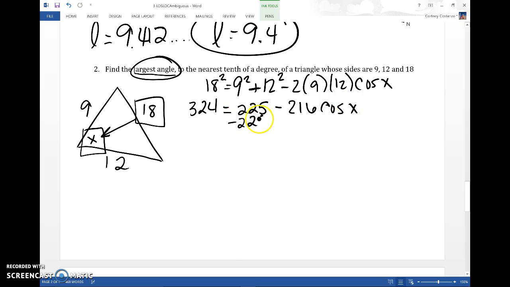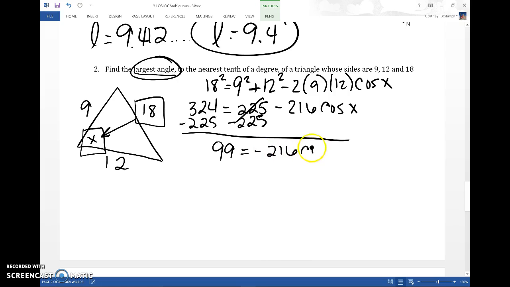Solving for x, I subtract. And I will divide by 216 so that I end up with negative 0.4583 repeating, and that's going to equal cosine of x.